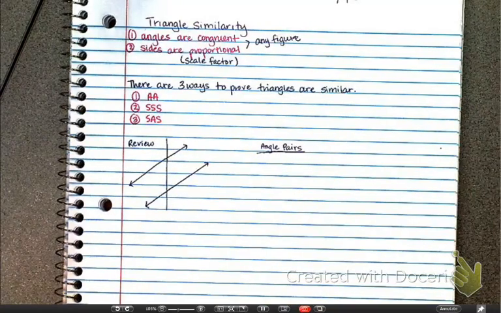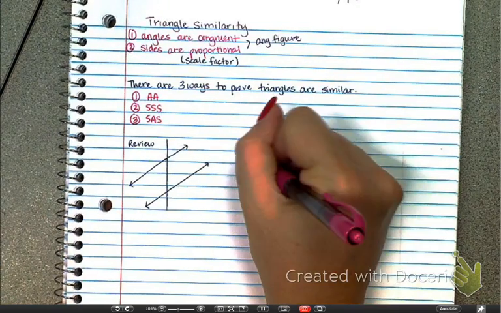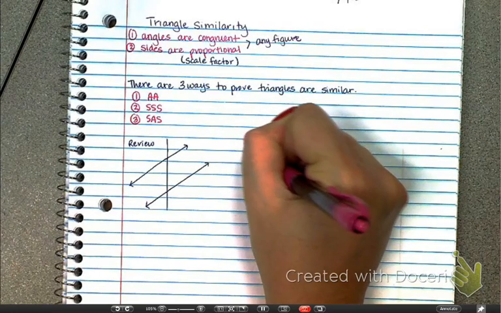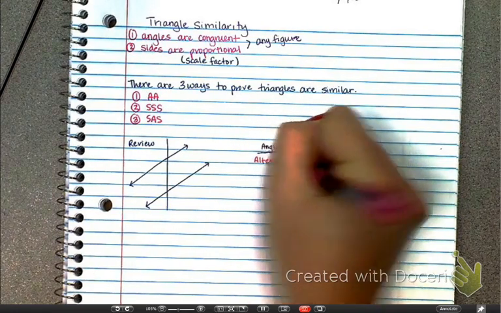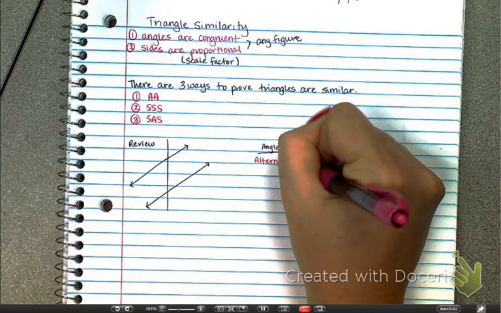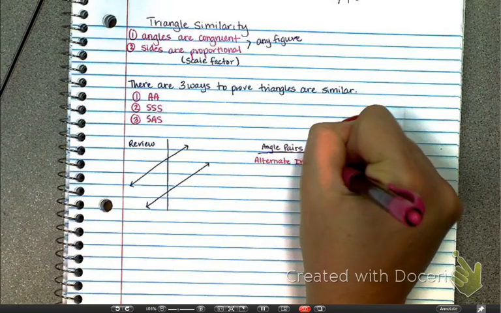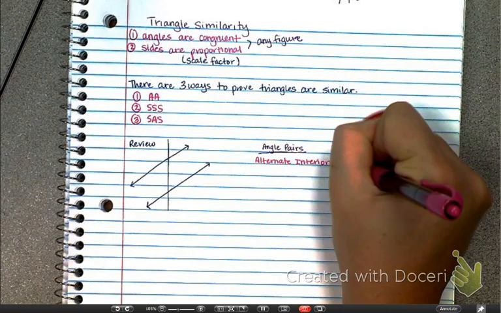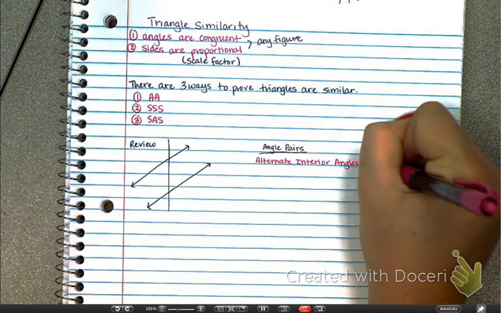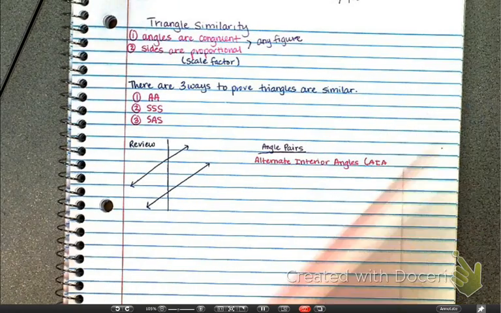What type of angle pairs are created? Interior. Let's start with alternate interior, and we abbreviate that as AIA.